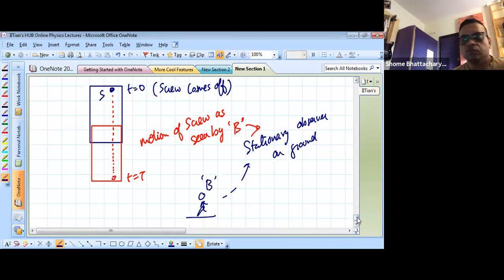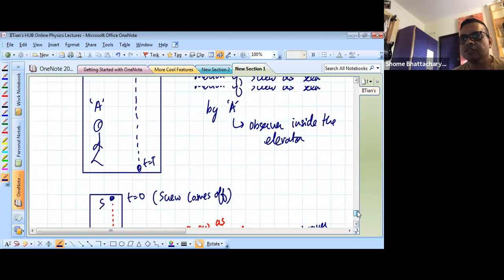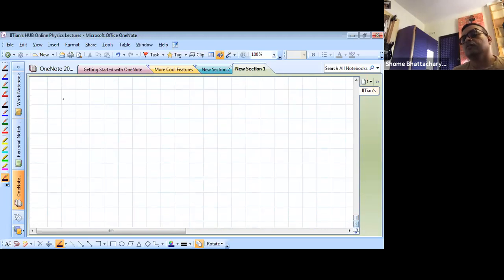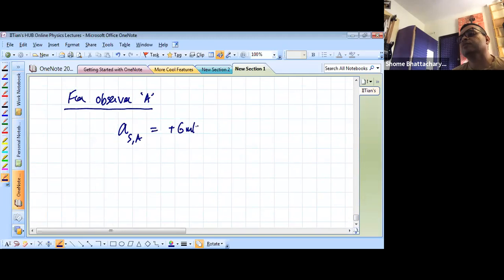Okay, so now what is happening is, you can see they're two totally different things. Let's come back to the observer A. What is happening? The acceleration of the screw with respect to the observer A is how much? It is plus 6 meters per second square downwards.